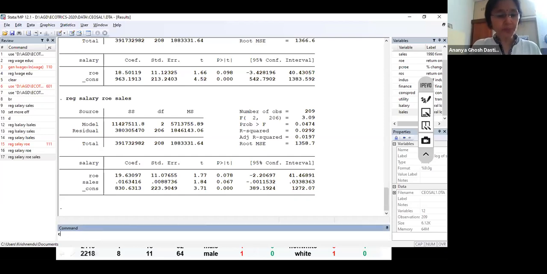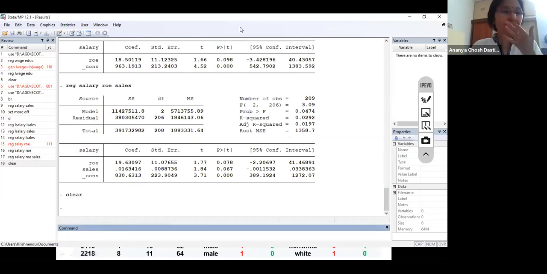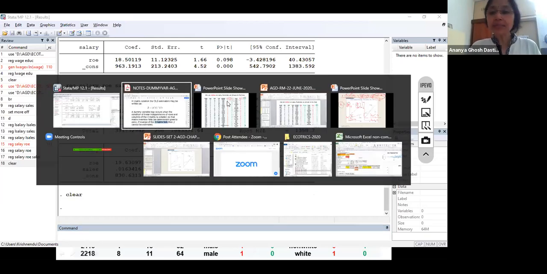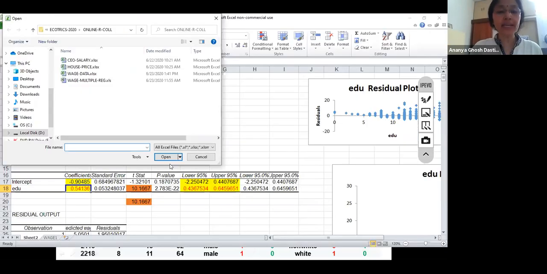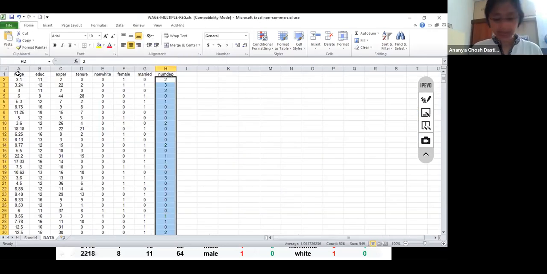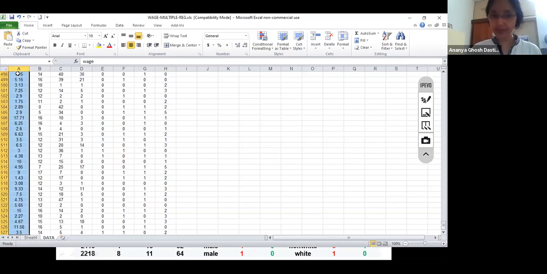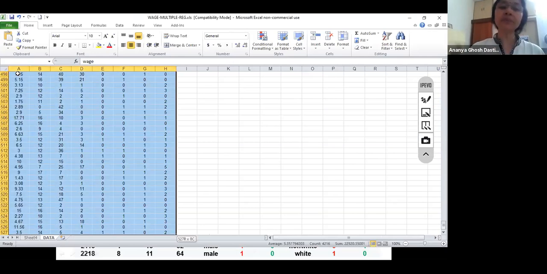So I will do precisely that. I will go to Excel. And once I have gone to Excel, I will open a multiple regression data file which has dummy variables. I'm going to copy the full data set with variable names, everything. I'm going to go Control C, copy. And then I will go to Stata.